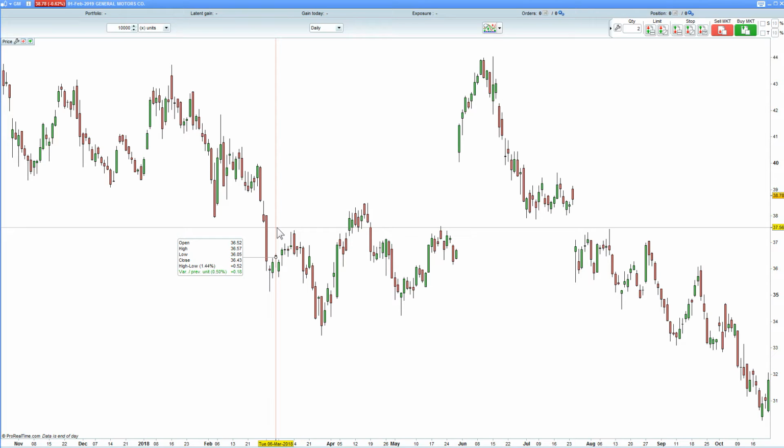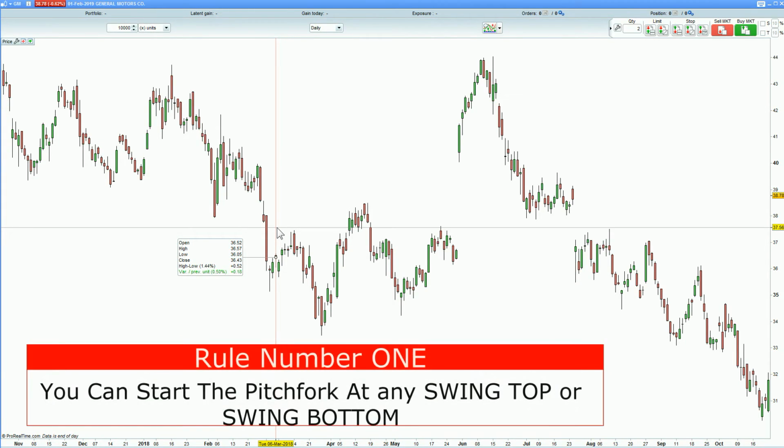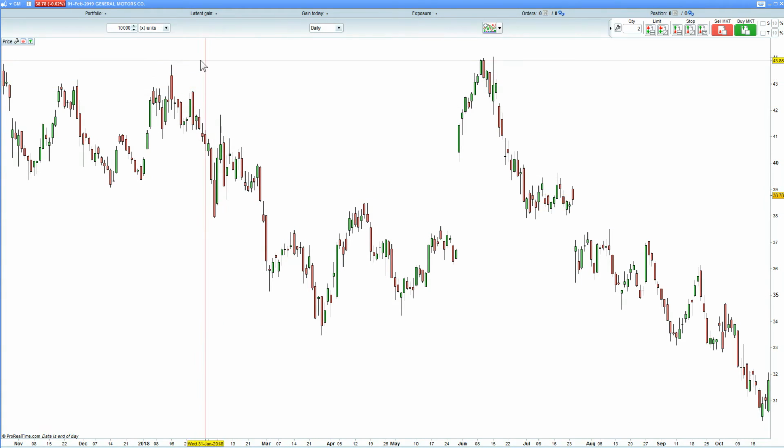So the very first rule when drawing a 5-swing pitchfork is you can start the 5-swing pitchfork at any top or any bottom. Pretty simple, right? So point 1 of this pitchfork can be any top or any bottom. It could be here, just anywhere on the chart. But then we have other rules to follow.